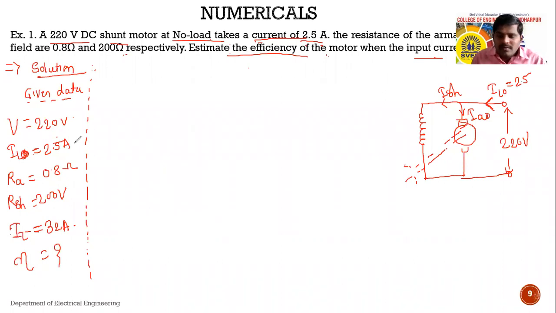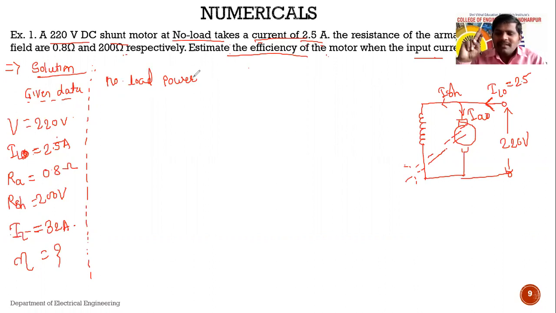P is equal to V into IL. Which power, at no load condition or at a load condition? At the beginning, which condition do we have to calculate? No load. Right. So no load power, that means the current taken from the supply at no load condition and the supply voltage, that is the no load power taken from the supply.